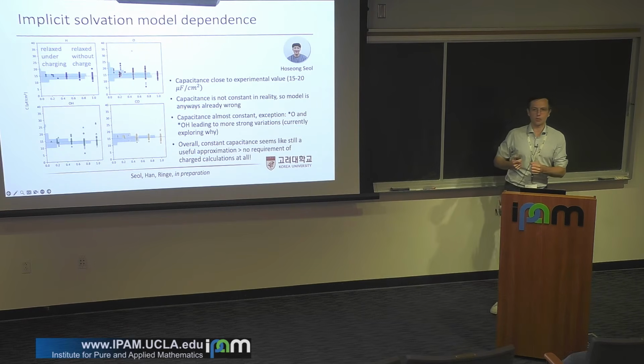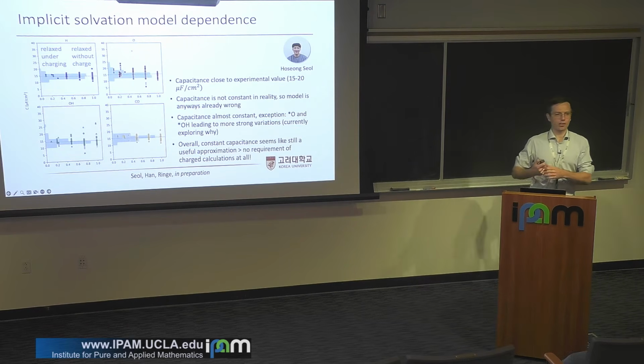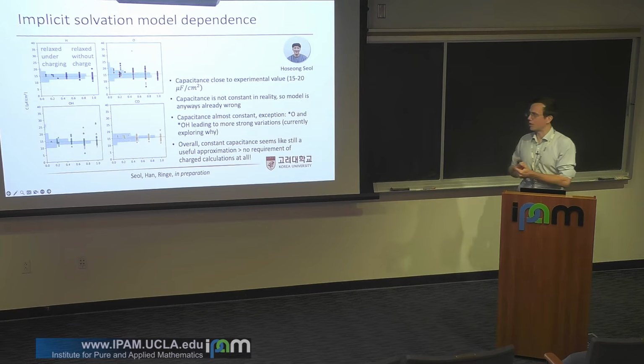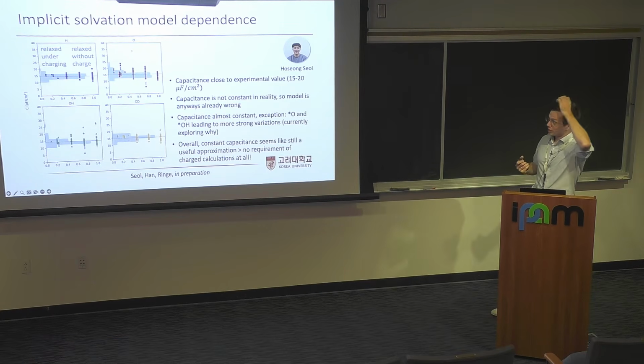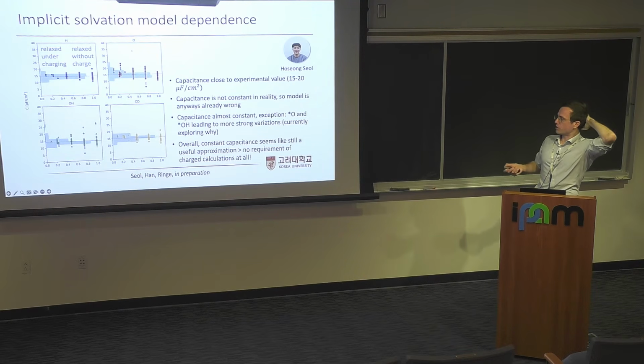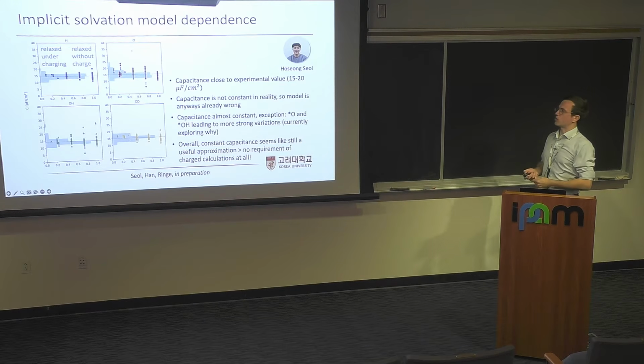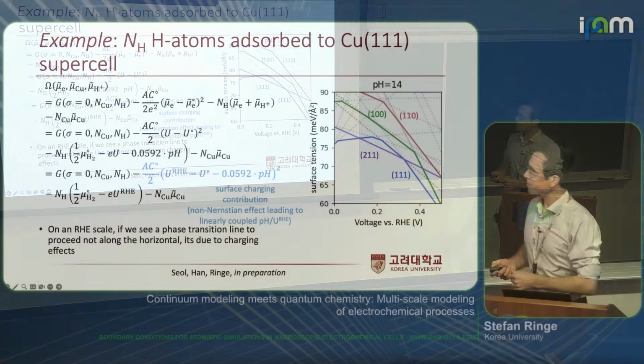You only need to calculate the PCC, which you can calculate without any charge. So this is what we decided on, even though we found some cases with capacitance variations, like O and OH. For simplicity, we decided to use a constant capacitance.